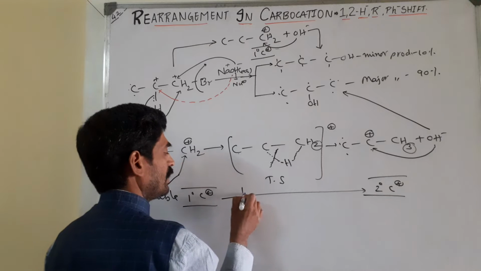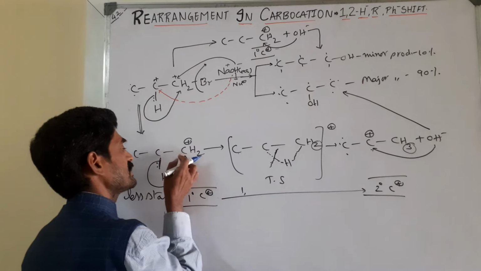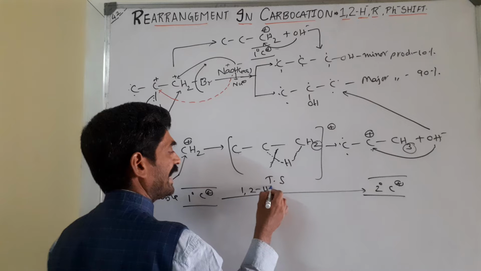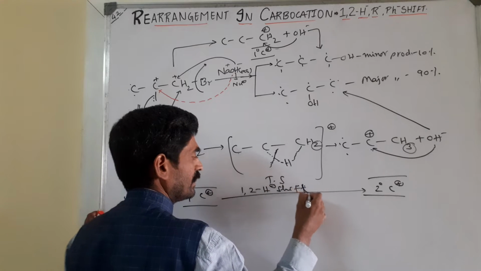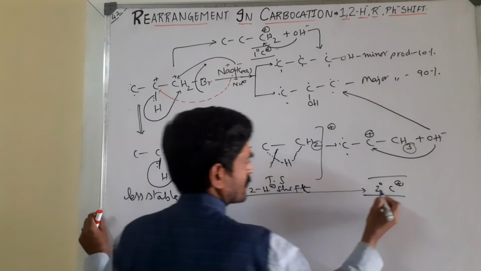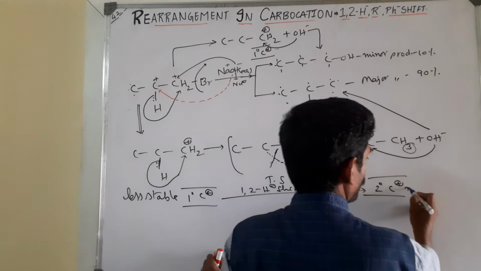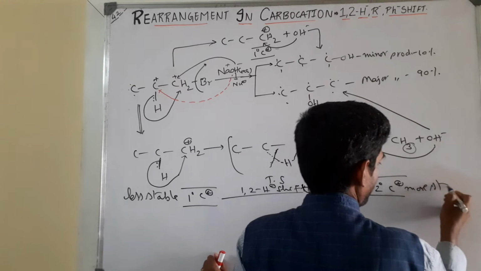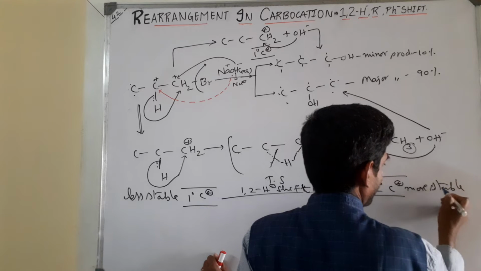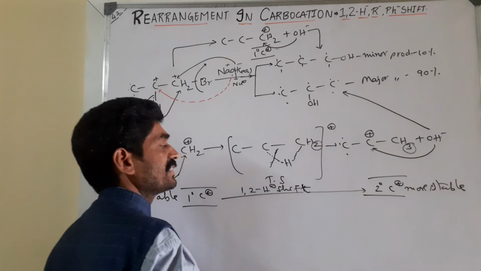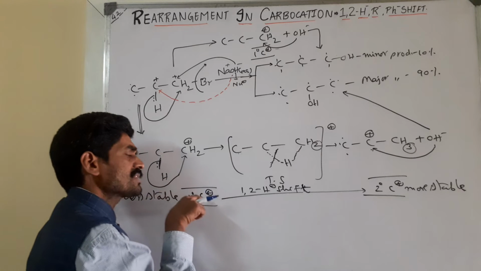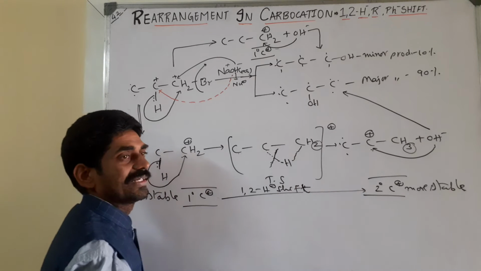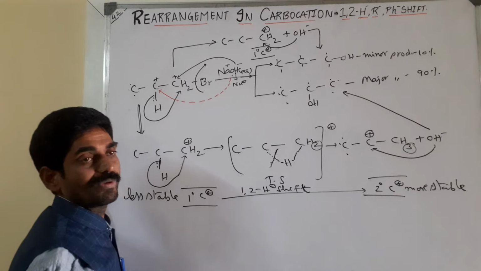From this carbon to this other carbon, there is a 1,2 hydride shift. So then we will get a more stable secondary carbocation. This type of shifting of hydrogen, to get a less stable carbocation into a more stable carbocation, is called rearrangement of carbocation. Right?